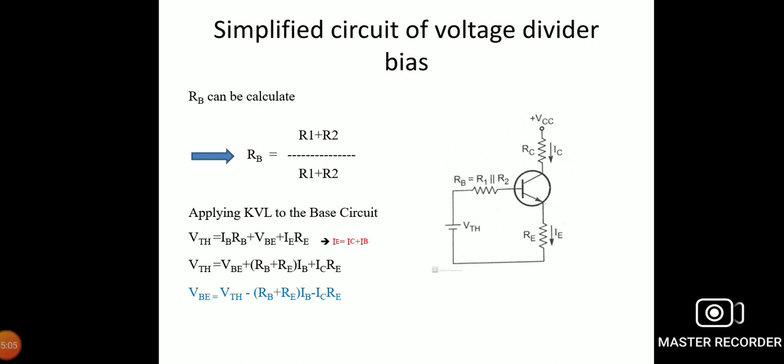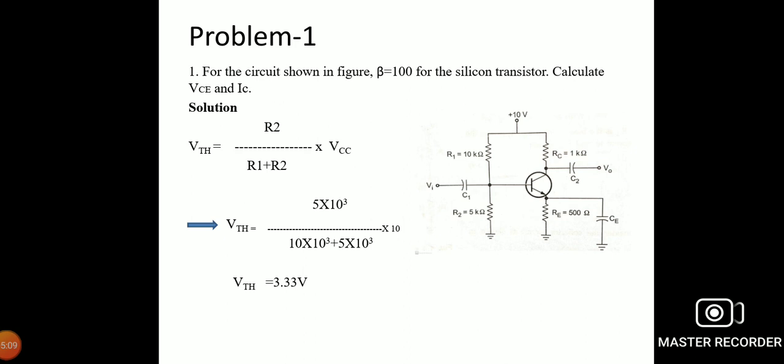Now we can work through problem 1 using the circuit diagram. The current amplification factor is 100 for the silicon transistor. Calculate the collector-emitter voltage and the collector current. The Thevenin voltage is equal to R2 divided by R1 plus R2 into VCC.